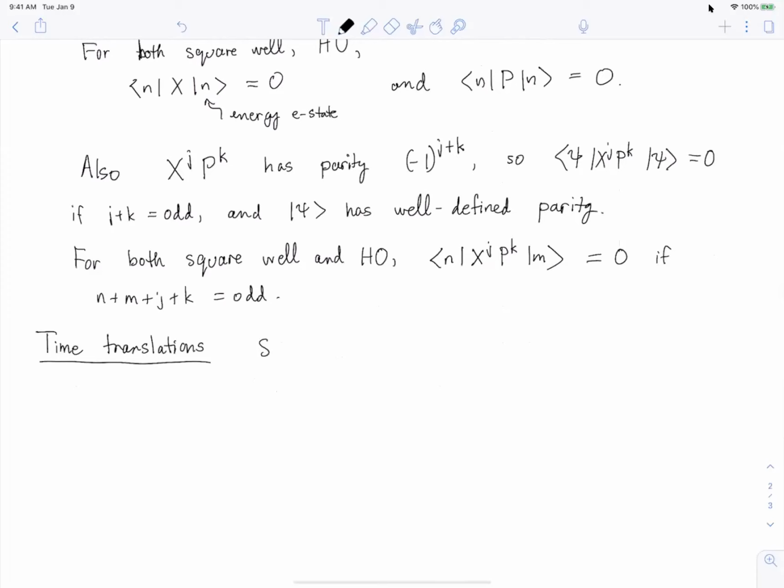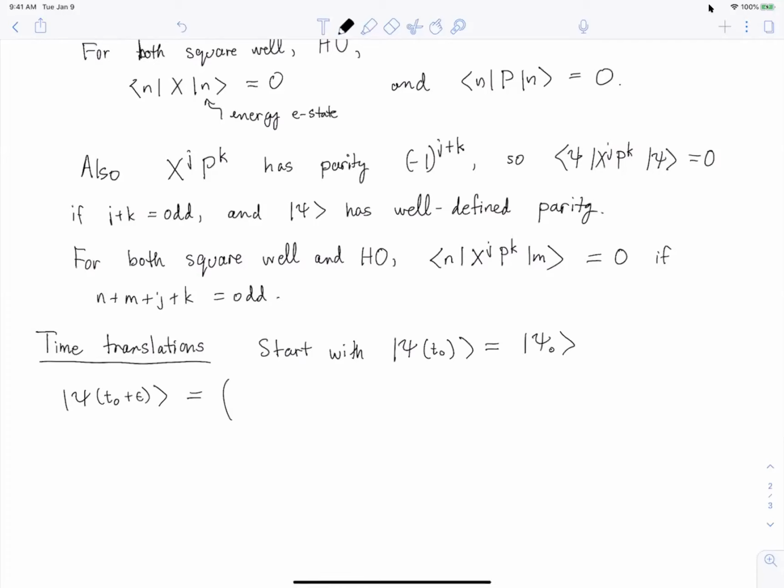So let's say we start with some state, psi, and we're starting at time t0. And so I'm just going to call that state psi sub 0. It's our initial state. And then we ask, what is it at some later time, t0 plus epsilon? And we already know the answer is this.